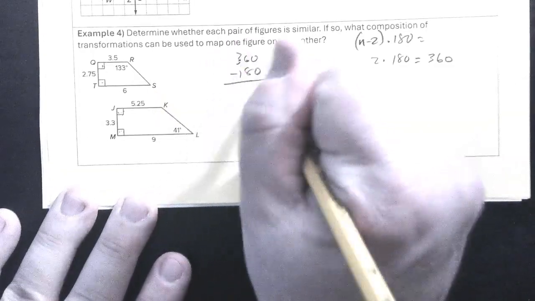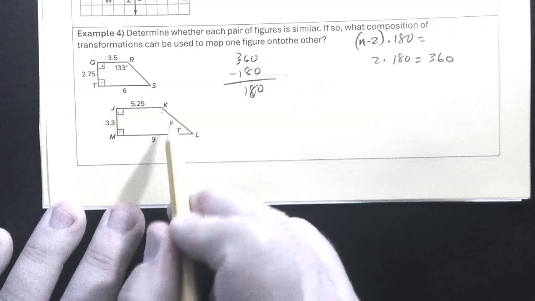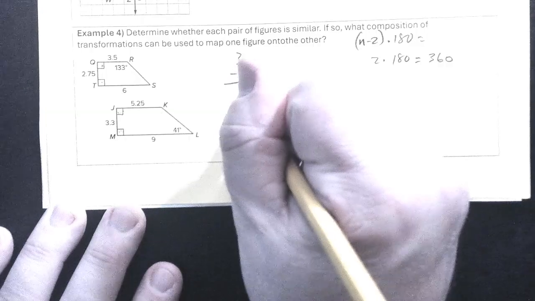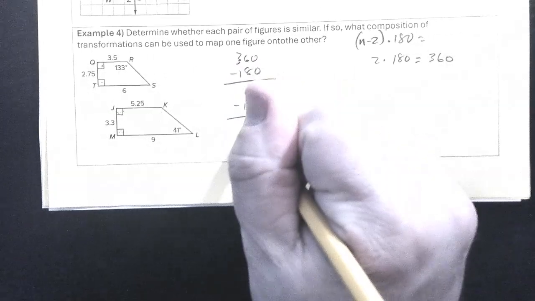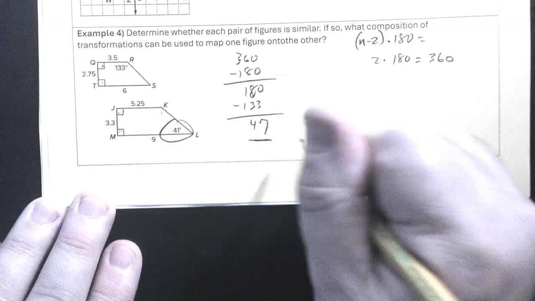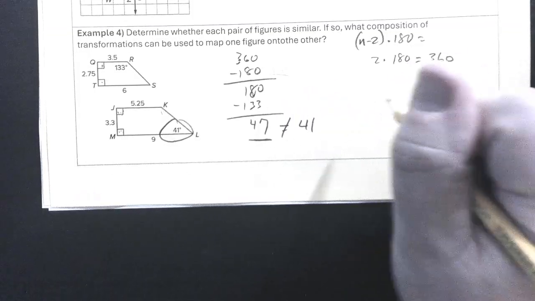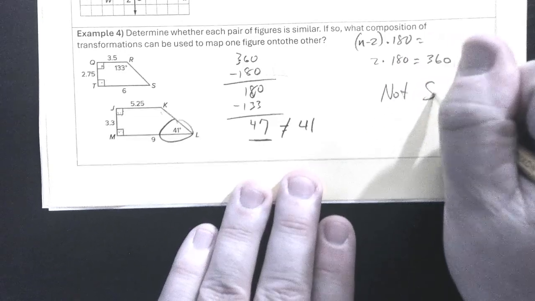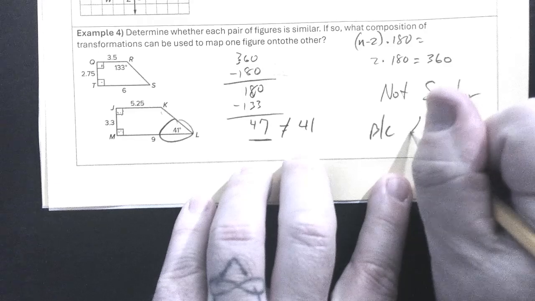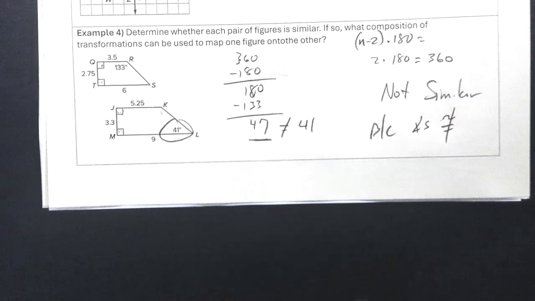So 360 minus 180 makes 180. So that means these 2 guys together have to be 180. So 180 minus 133, that is 47. See, 47 is not equal to 41, so these are not similar. And it's because the angles are not congruent.